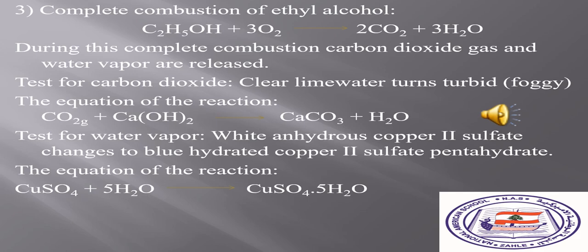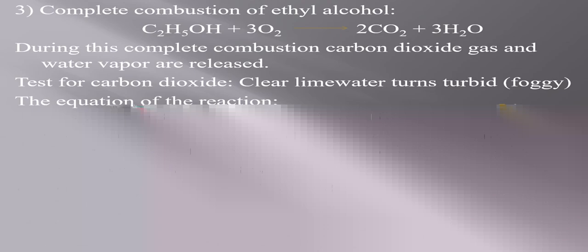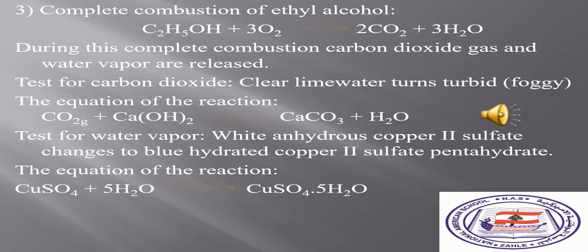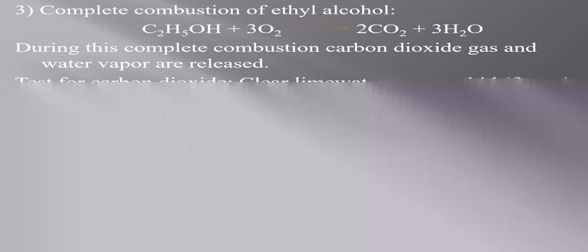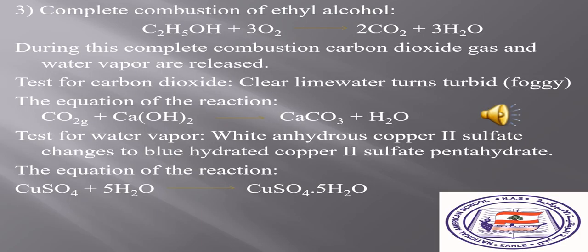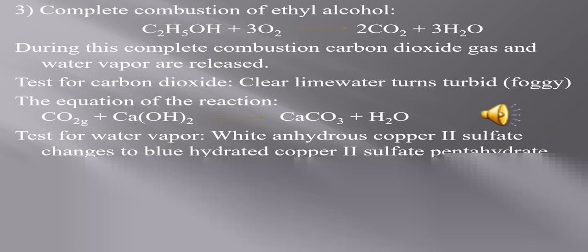Now remember, in the process of complete combustion, the products are carbon dioxide gas and water vapor. The carbon dioxide gas is made up of carbon and oxygen, and the water vapor is made up of hydrogen and oxygen. Now, what can we do to test for the presence of the carbon dioxide and water vapor?